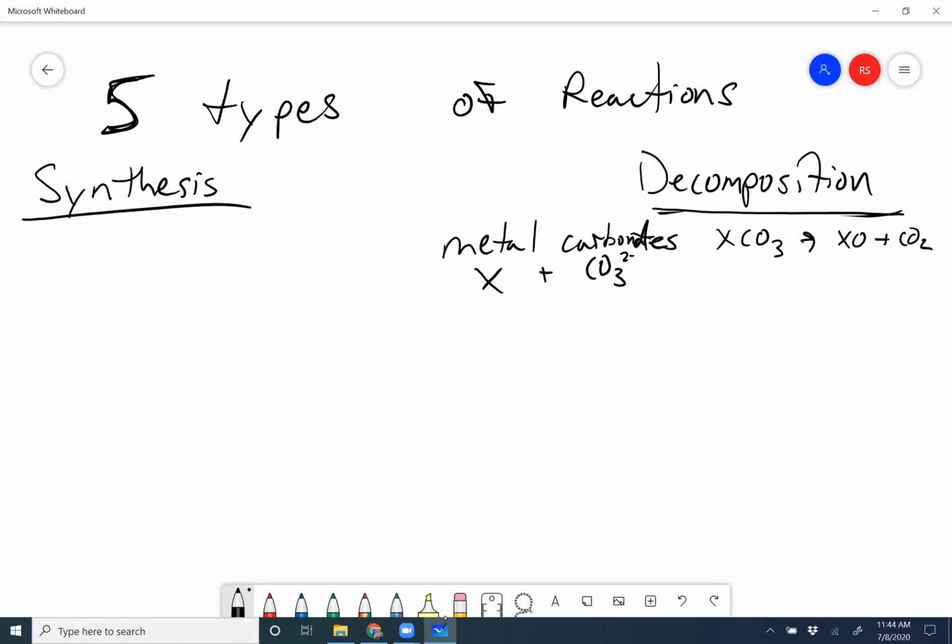So a great example of this is calcium carbonate, which is chalk. It's made by all creatures that make bones or shells. If you get it hot enough, it will decompose into calcium oxide and CO2. The reverse of this decomposition is what things are doing in the ocean when they're trying to remake their shells.